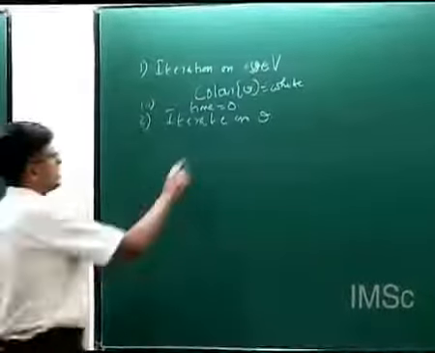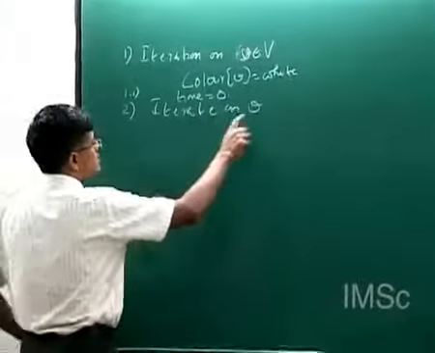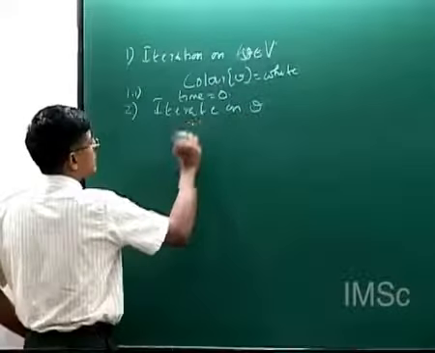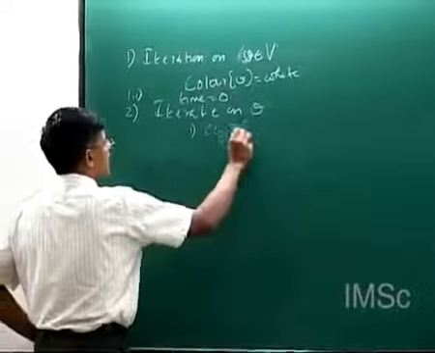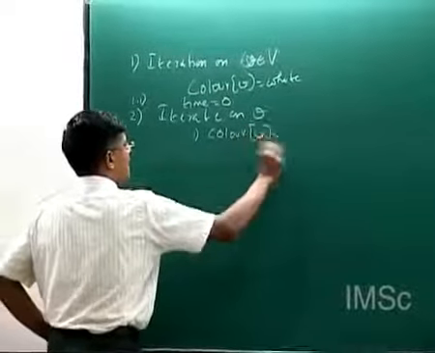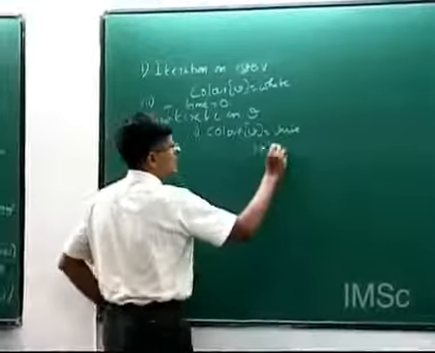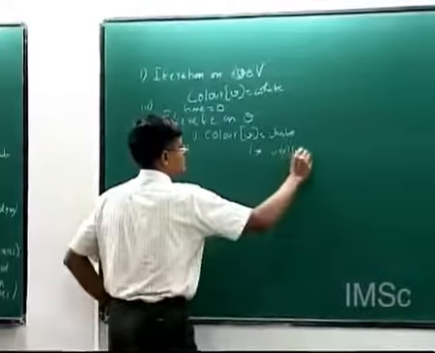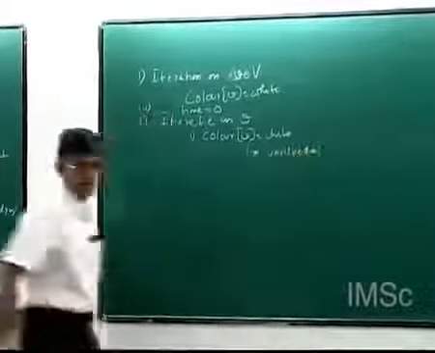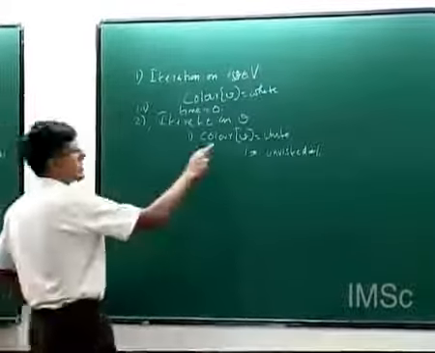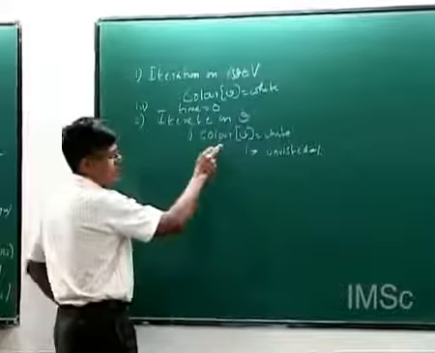And iterate on V. First check is to check if color is white, which would mean that v is unvisited. And now you start an exploration at v because v is unvisited.